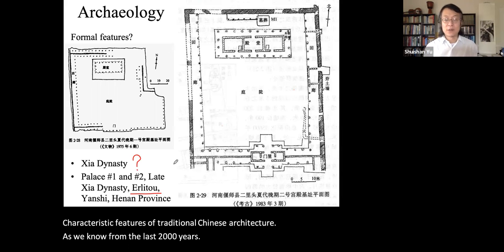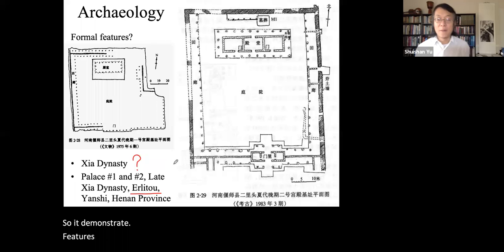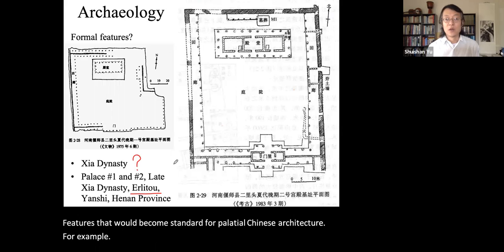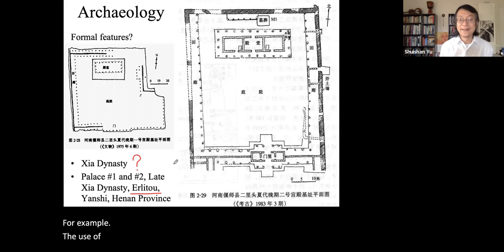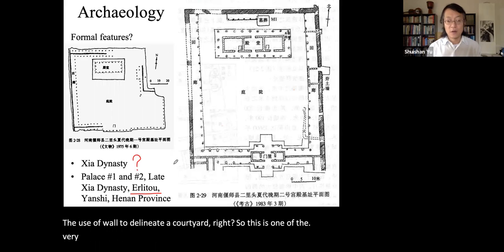So it demonstrates features that would become standard for palatial Chinese architecture. For example, the use of walls to delineate a courtyard, right? This is one of the very consistent features of traditional Chinese architecture.